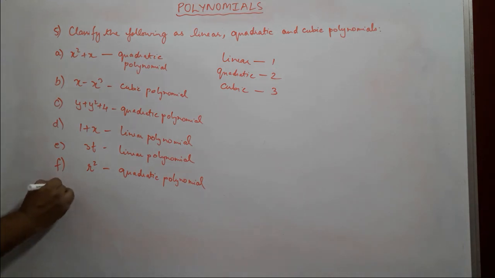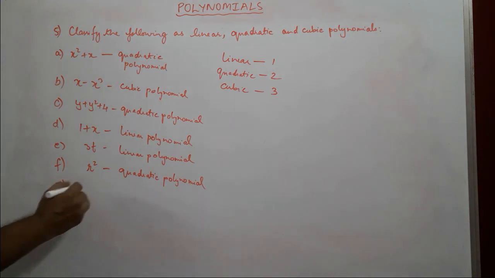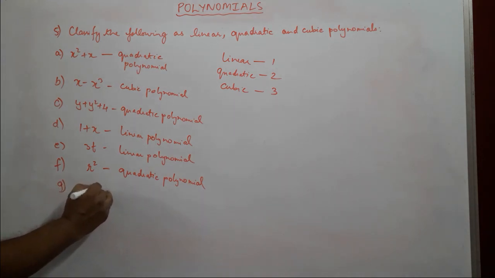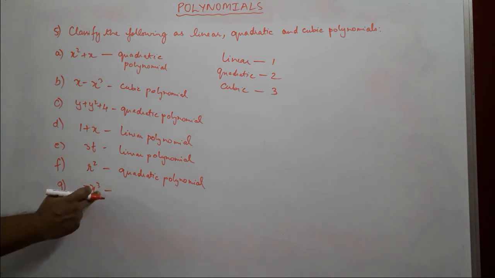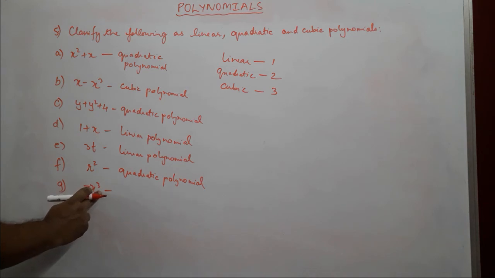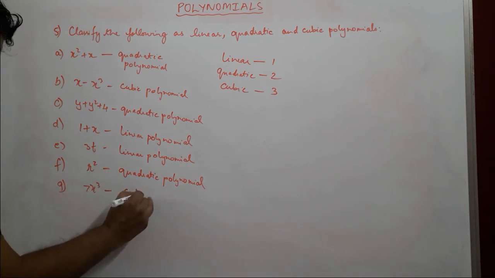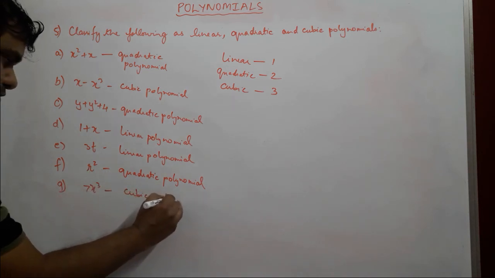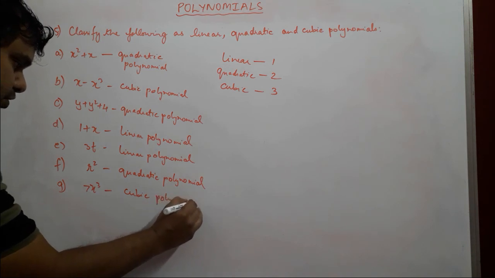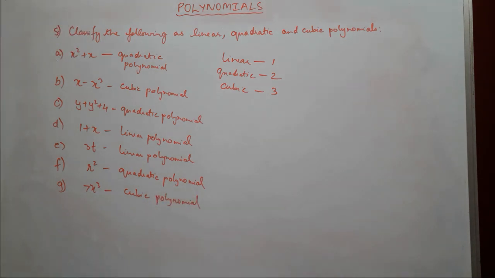And we'll solve the last one, which says 7x cube. There's only one term, highest power is 3, which makes it a cubic polynomial.